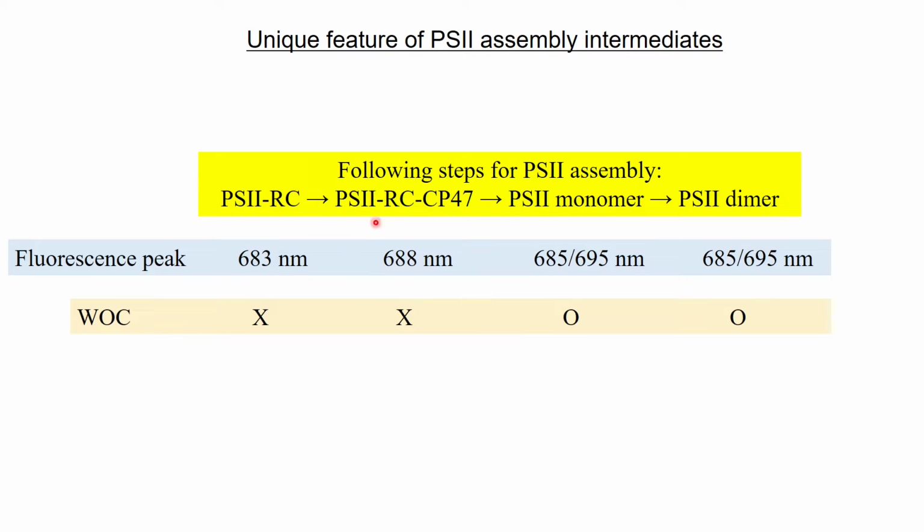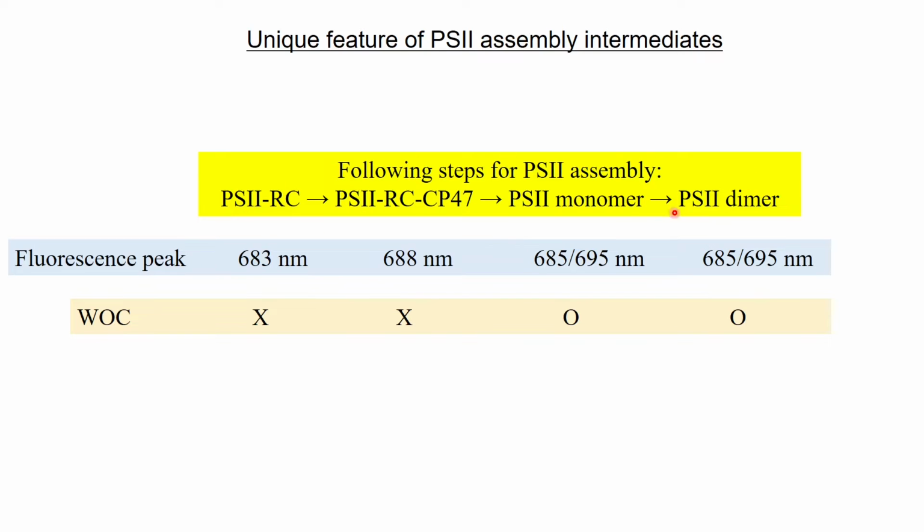Second is a complex of PS2 RC with CP47 and several small subunits. And third is a PS2 monomer. This complex can evolve oxygen, so it can perform a water oxidation reaction. And finally, a PS2 dimer is assembled.